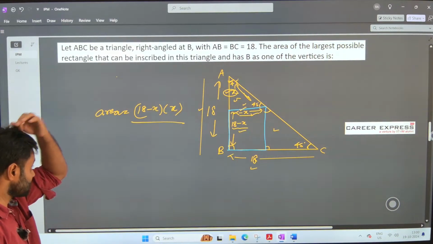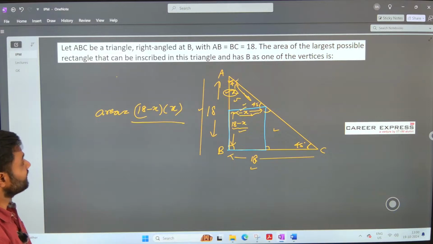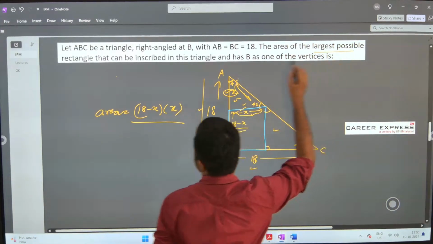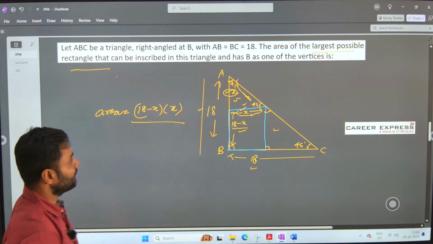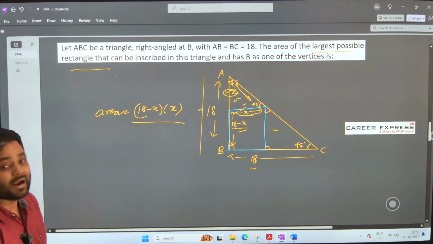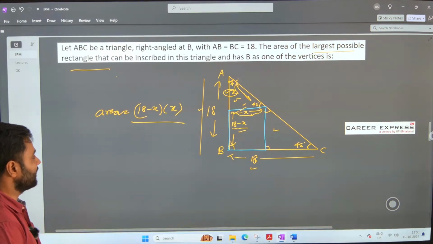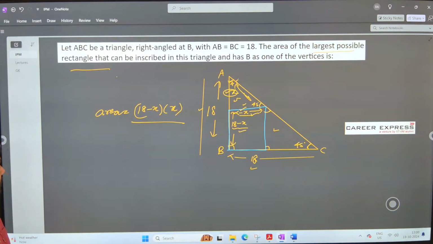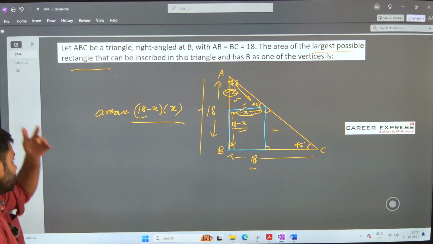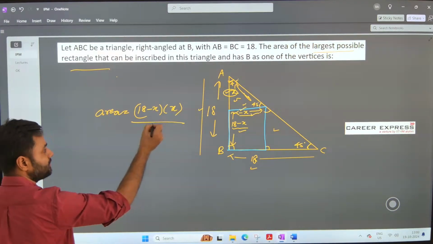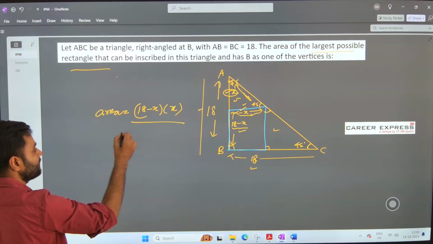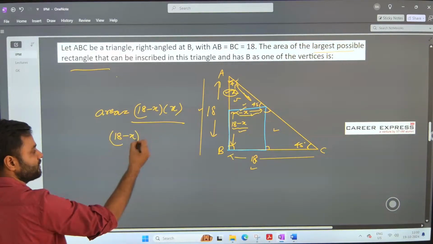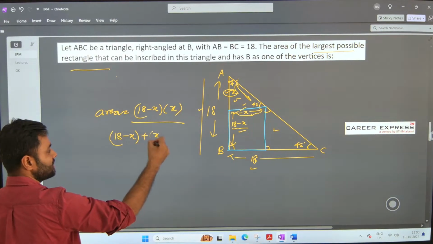So the question is, the area should be maximum. We need the area of the largest possible rectangle. That means the area of this rectangle should be largest possible. Now, one condition that we can deduce from here is, 18 minus x is one side length, x is the other side length.